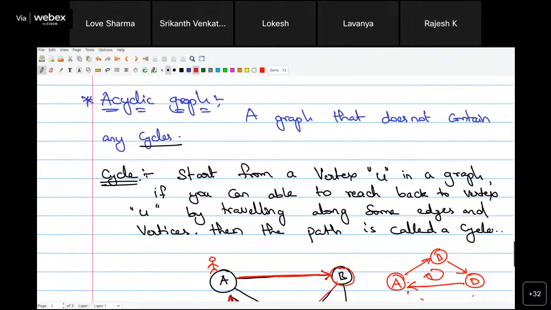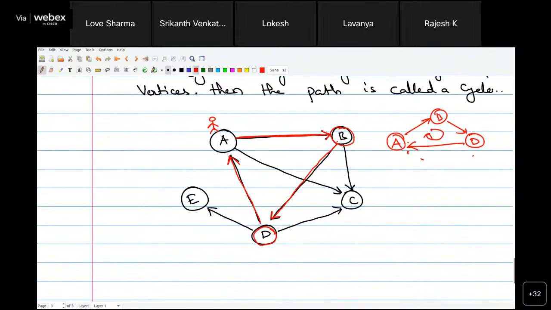So you have to check for every point. See, if you start from B, again B to D, D to A to B is a cycle. But B to D, D to E is not a cycle. So if you go to E, you cannot come back to B. Similarly, if I go to C, C is the dead end point.